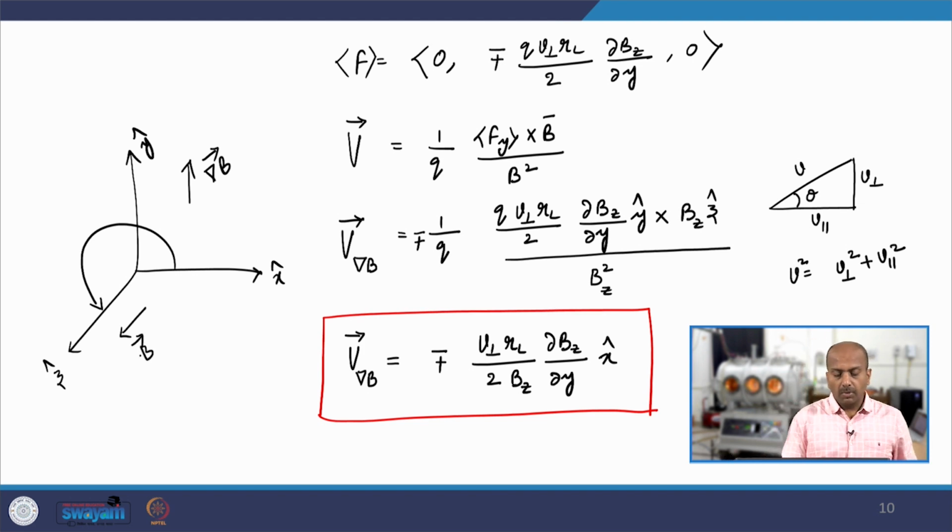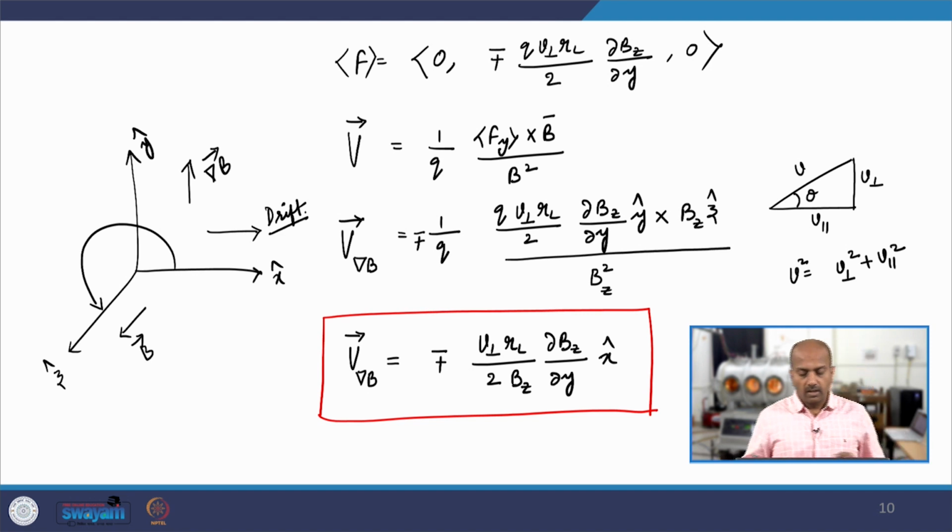Now, the drift is perpendicular to both these, and this is the direction of the drift. This is what you have to understand. Of course, this is very clear from the beginning, because we have a cross product and we can only expect the gradient drift to be perpendicular to both the physical parameters involved in the cross product. So, this is where we stop. This is an expression for the gradient drift velocity.